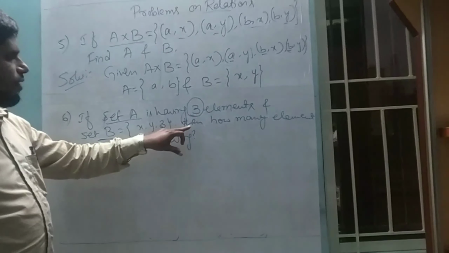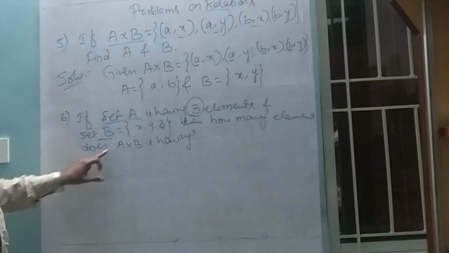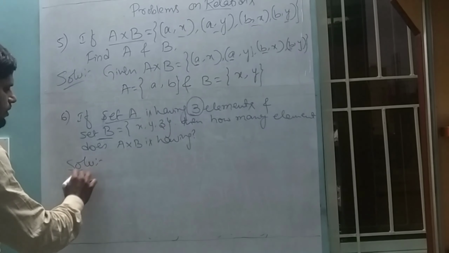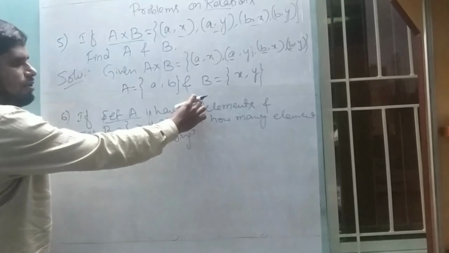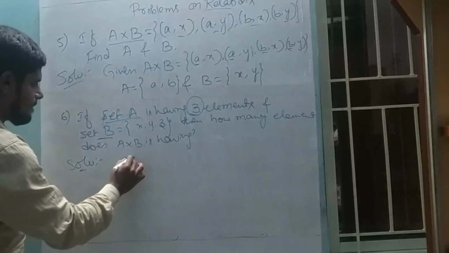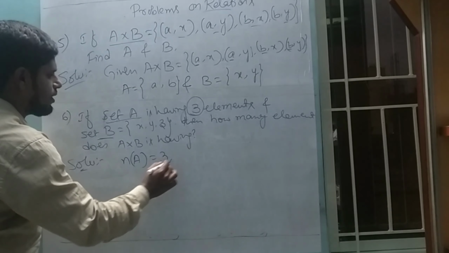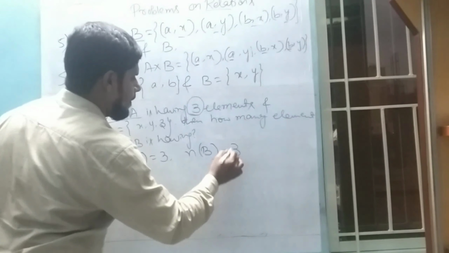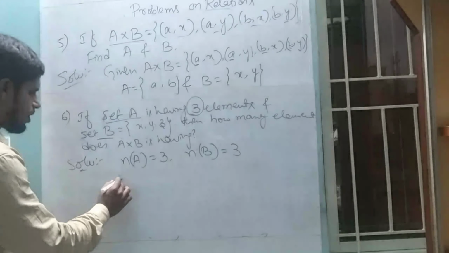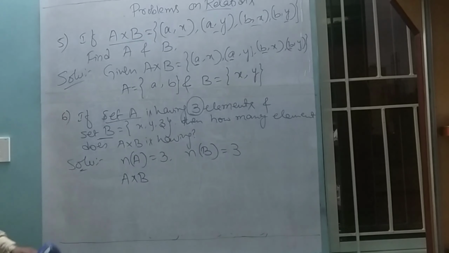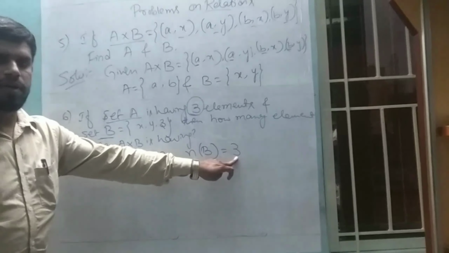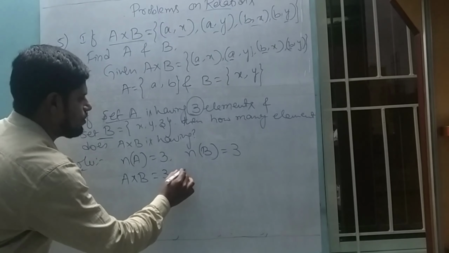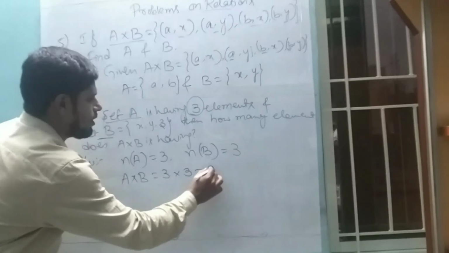Now he is asking us to find how many elements are there in A cross B. So as we discussed in the previous problem, we know it has 3 elements, that is n(A) equals 3. Then definitely n(B) is also 3 here. If I want to find the cross product of this, that is A Cartesian B, then as we know, it is 3 elements into 3 elements, totally 9 elements will come.